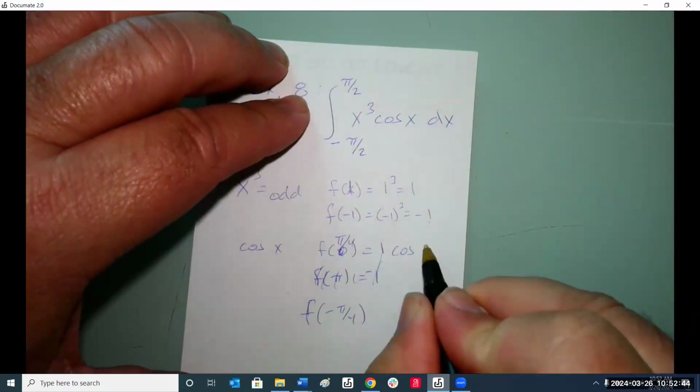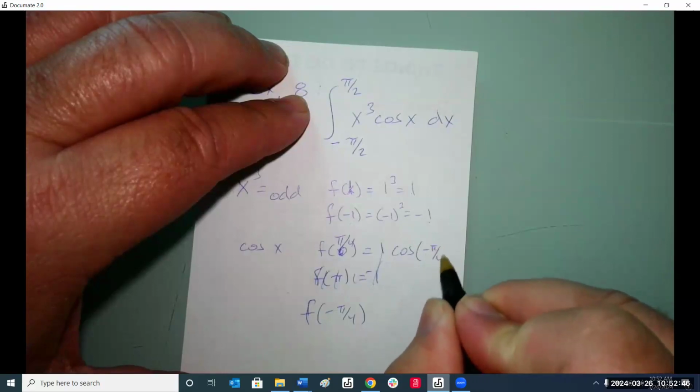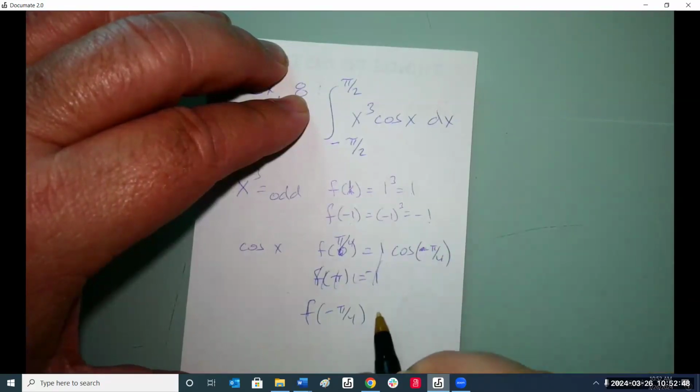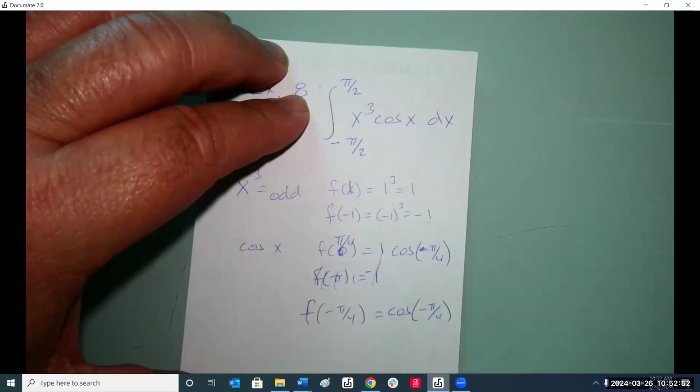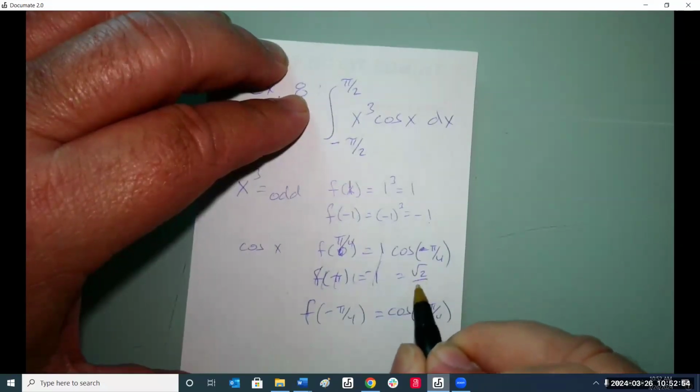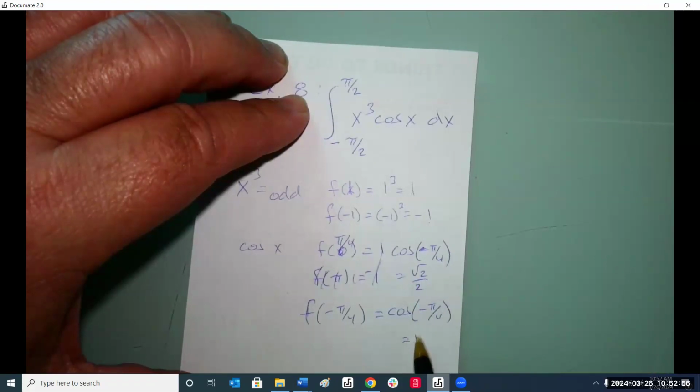The cosine of positive pi over 4 and the cosine of negative pi over 4 both equal radical 2 over 2.